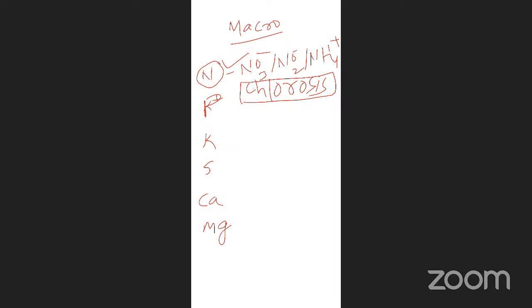NPK. Next, phosphorus. Phosphorus is absorbed by plants from the soil in the form of phosphate ion, either H2PO4 minus or HPO4 2 minus. Mainly this phosphorus is a constituent of the cell membrane, the plasma membrane made up of phospholipids. In phospholipids, phosphate is present.